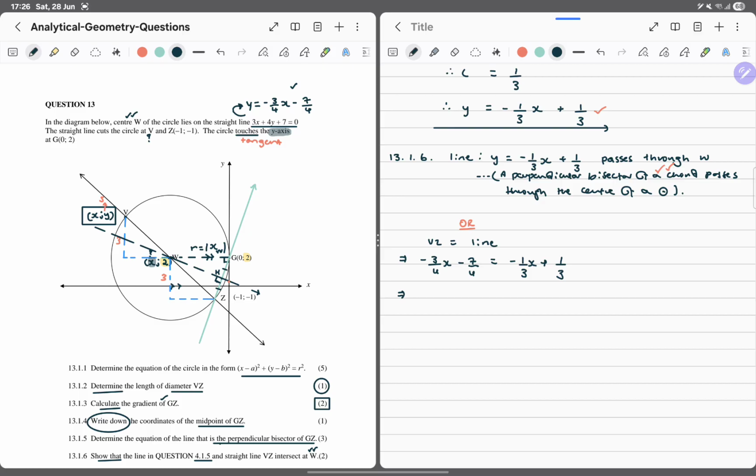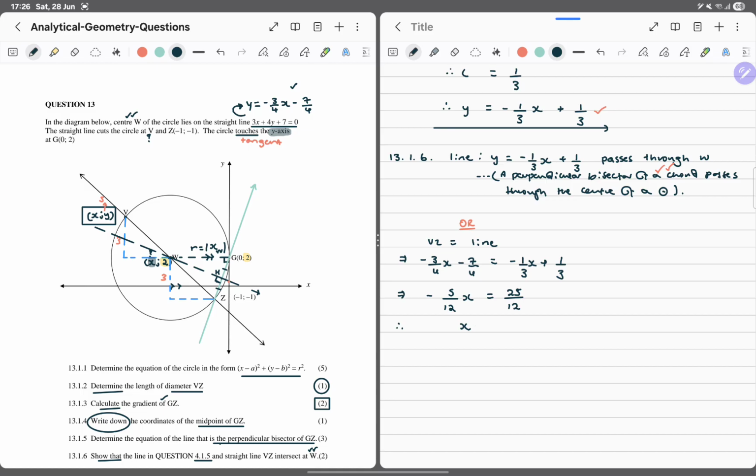So this is minus 5 over 12. x equals, then we take a third and we add 7/4. So a third plus 7/4 gives us 25/12.